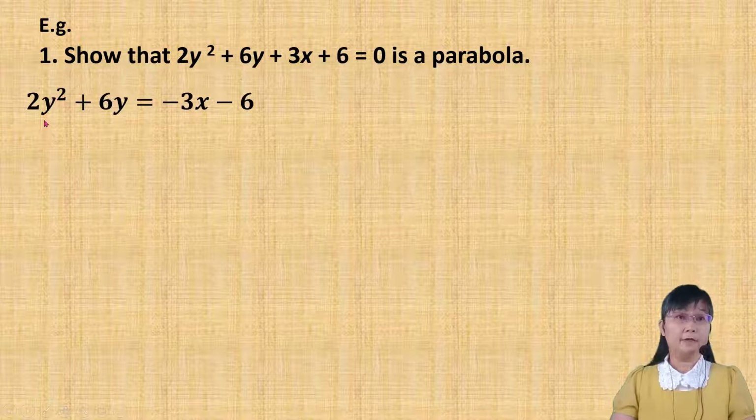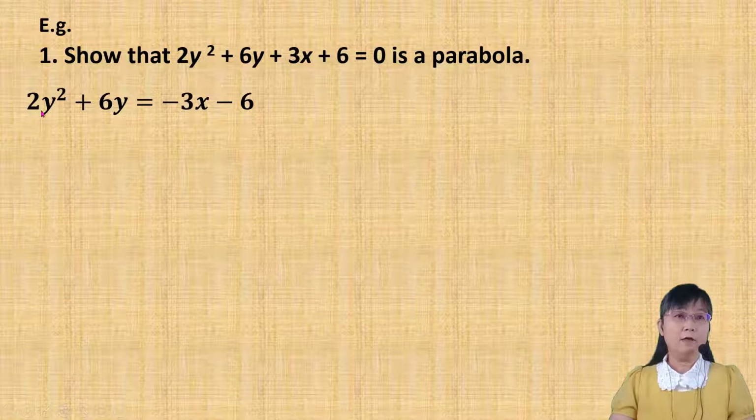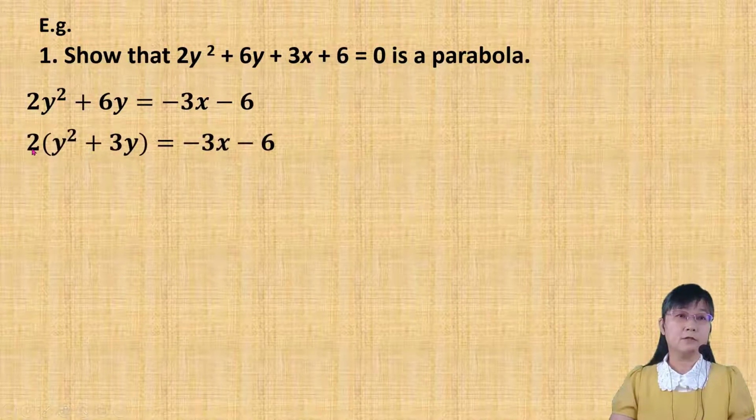Before I can carry out completing the square, I must make sure that the coefficient of y square is equal to 1. So now I'm going to factorize the 2. After I factorize the 2, inside the bracket is y square plus 3y.